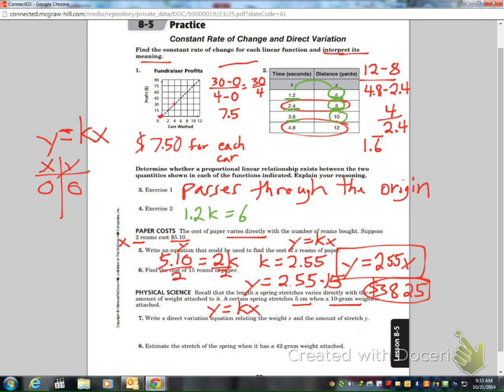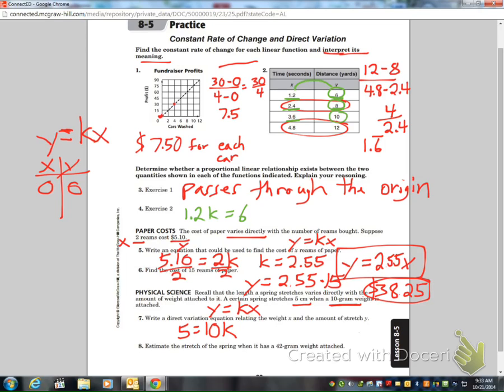So, if we have a spring and it is a 10 gram weight, that's our x. So we have 5 equals 10 times k, right? The weight of it times that constant should equal the length of it, right?